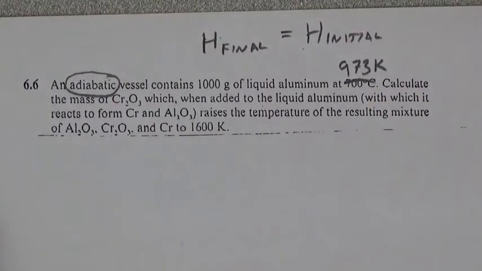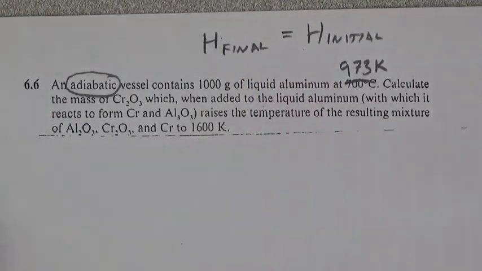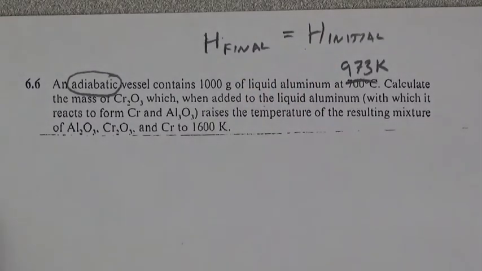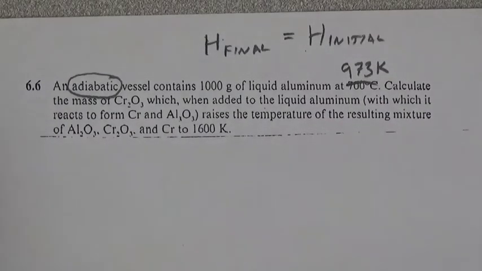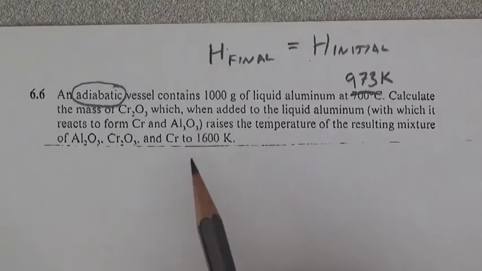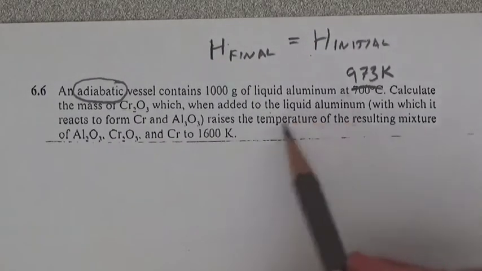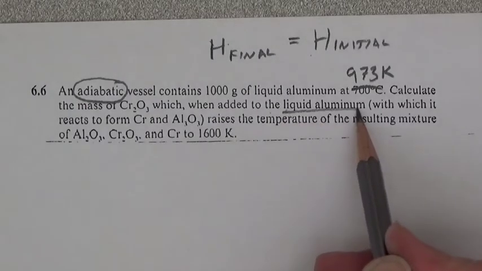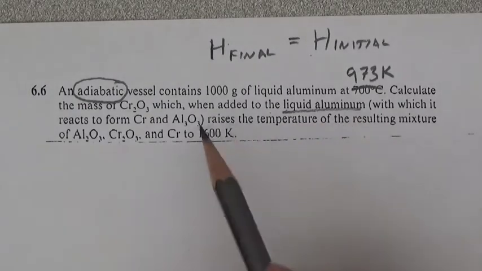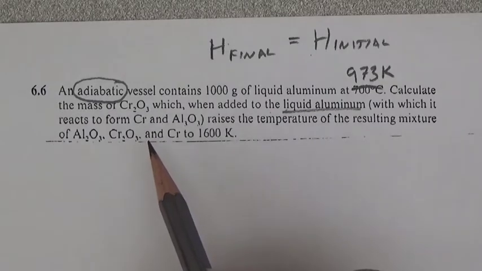So the trick here then is to determine the two enthalpies and take the difference, and that will let us solve for this. So the basic premise of the problem is that we've got some amount of molten aluminum, liquid aluminum, and we throw into it Cr2O3. The Cr2O3 is reduced to chromium metal.